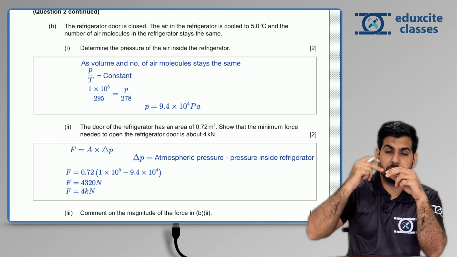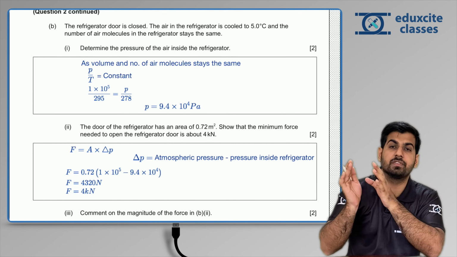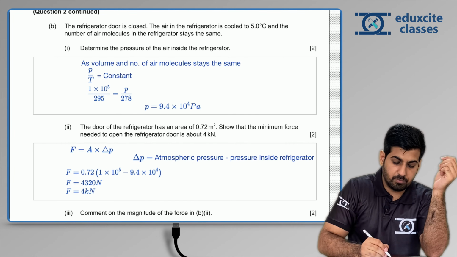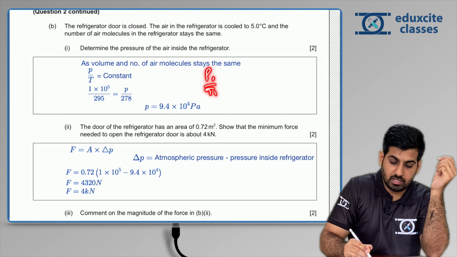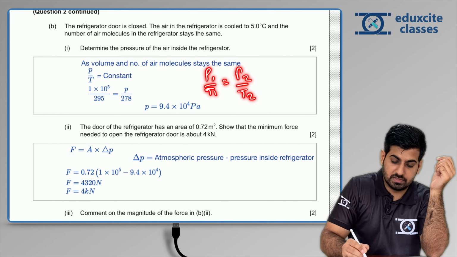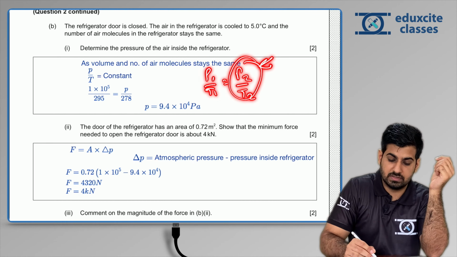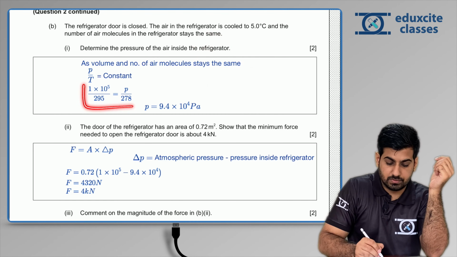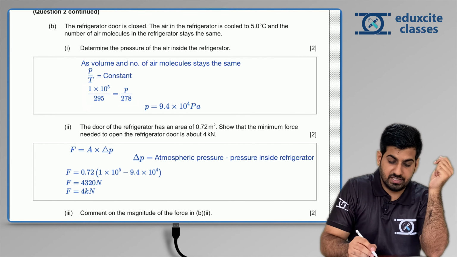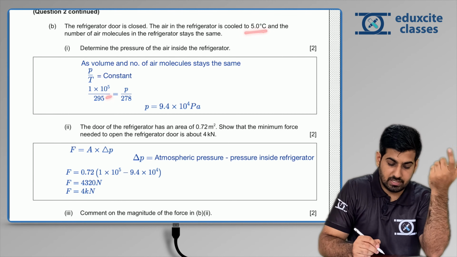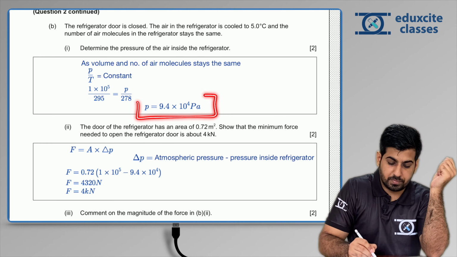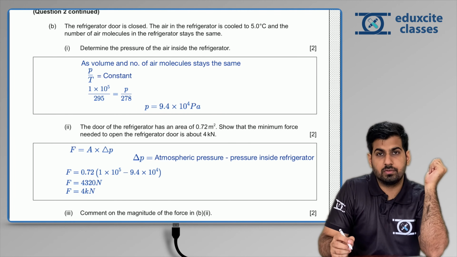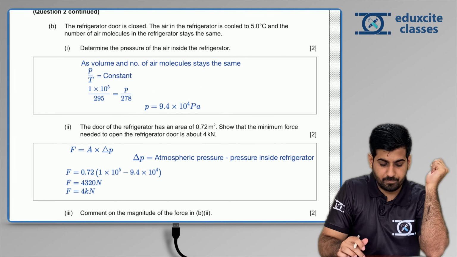So the ratio P by T will remain the same because other factors are the same. So I have taken P1/T1 equals P2/T2. This is when the door is closed, and this is when the door is open. Please convert the temperatures into Kelvin, which we have already considered here. So the pressure comes out to be 9.4 × 10^4 Pascal.